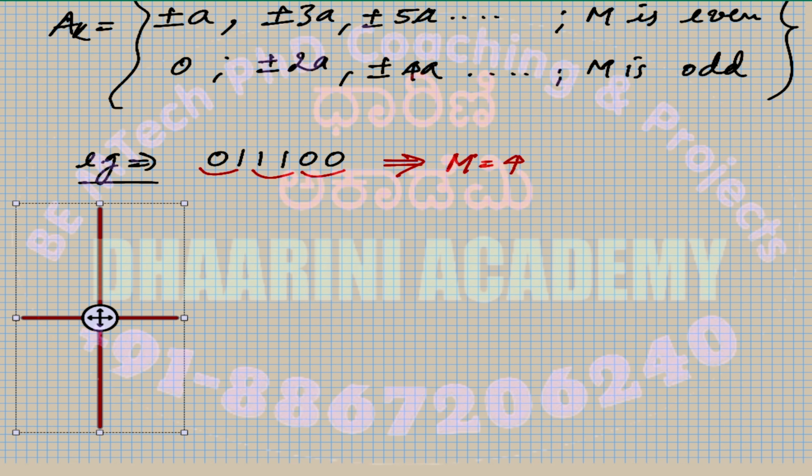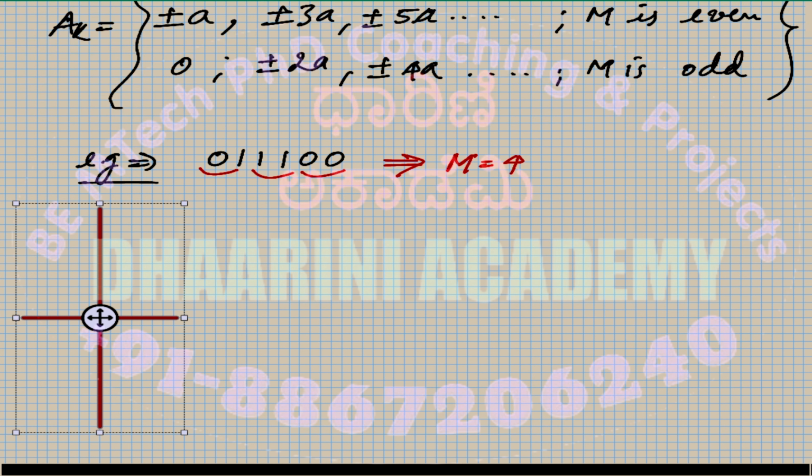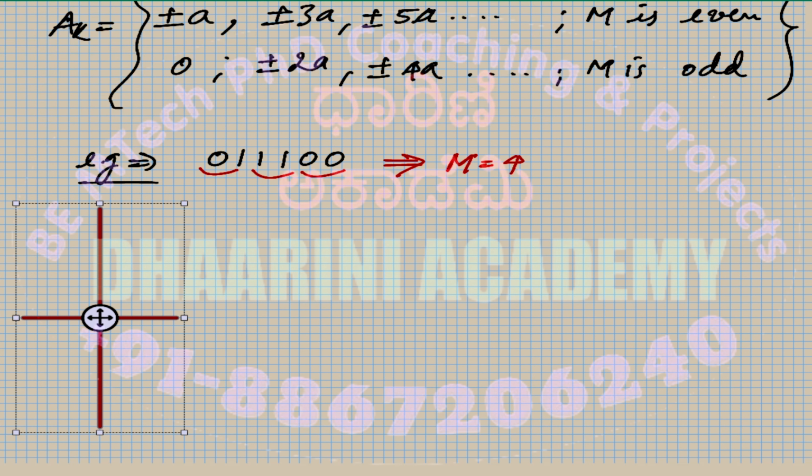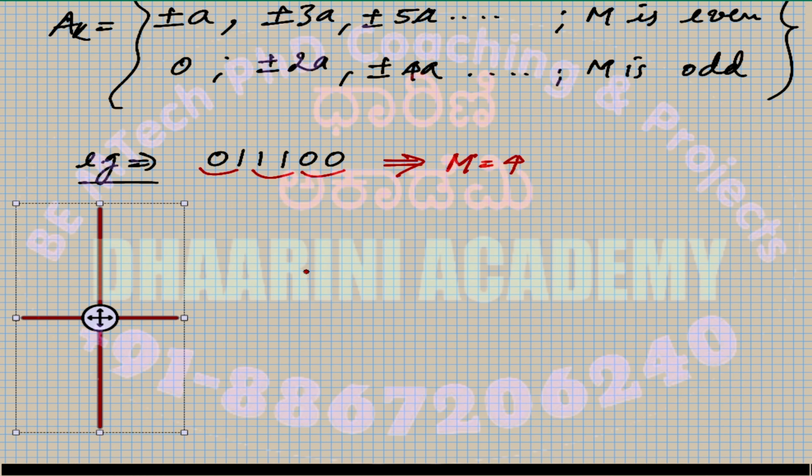At the same time, you can even go for 3 bits, right? That's left to us. But just as an example, I took 2 because already we have considered one modulation technique which used 2. So here also I'm taking the same thing, but definitely we can make a group of 3. We can make a group of any other number, no problem.